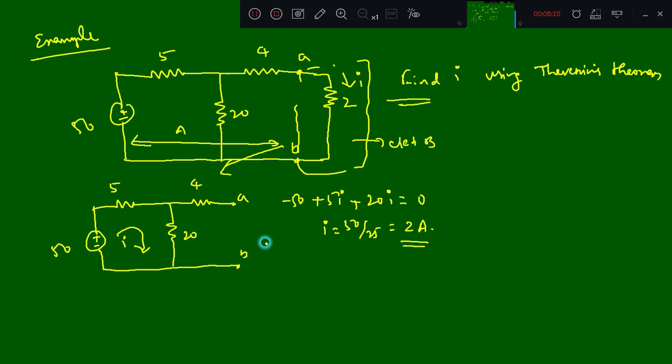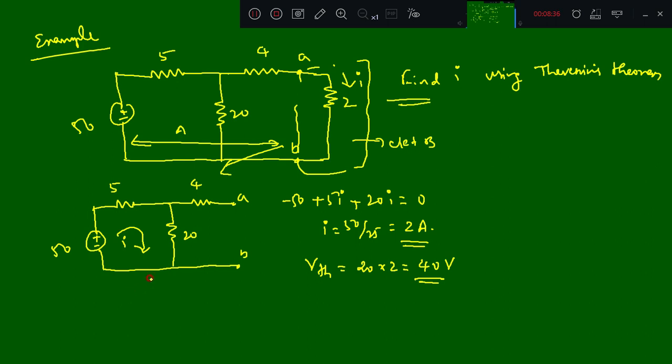The same current I across the 20 ohm will give the VTH across A and B. So VTH equals 20 ohm times 2 amperes, so we will get 40 volts. This is VTH.